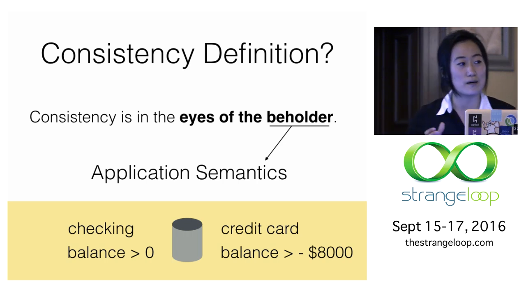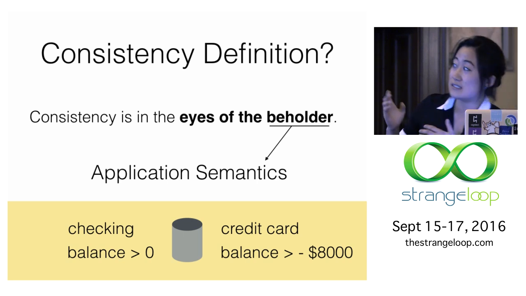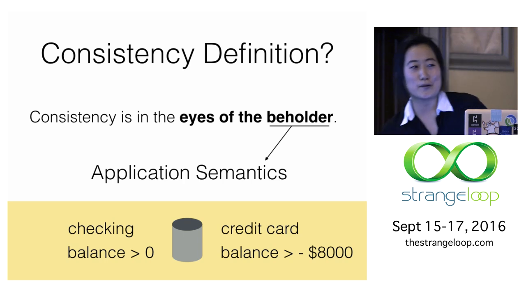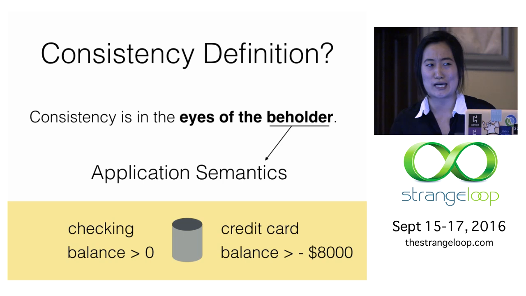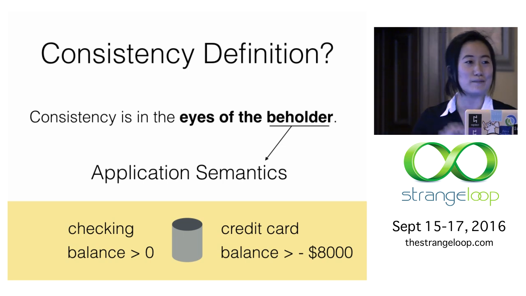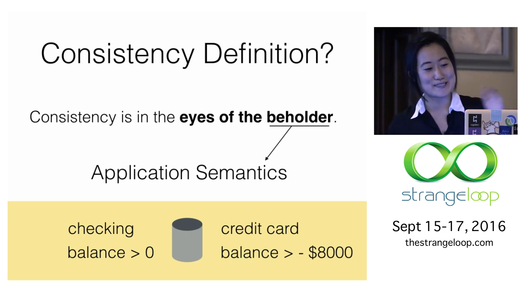So this is an example of when consistency is dependent on application semantics. I see some of you are not quite agreeing. I would add the caveat that the consistency in CAP theorem is well defined, and it's a little bit different from what we're talking about. And I'm not going to go into the details. I only mention CAP theorem so that you know what I'm talking about.